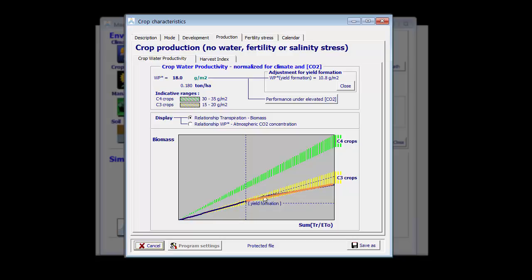However, in the yield formation stage, the normalized water productivity declines to a value of 10.8 grams per square meter, taking into account the production of the oily products. The normalized water productivity and the adjustment in the yield formation stage are conservative crop factors which the user has not to tune to the environment.